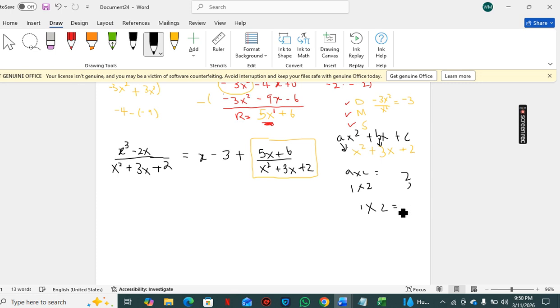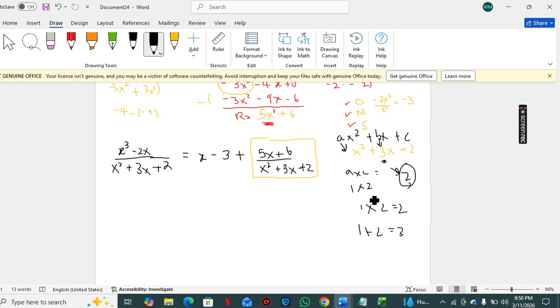Yes, 1 and 2. When you multiply 1 times 2, it gives you 2, right? Basically, this product which we got, this a times c here. When you multiply 1 and 2, it will give us this product here. When you add 1 plus 2, it gives us 3, this 3 here in the middle. Your factors have to give you the middle number, and this number when you multiply a and c.